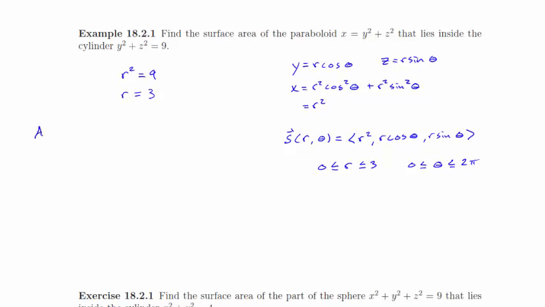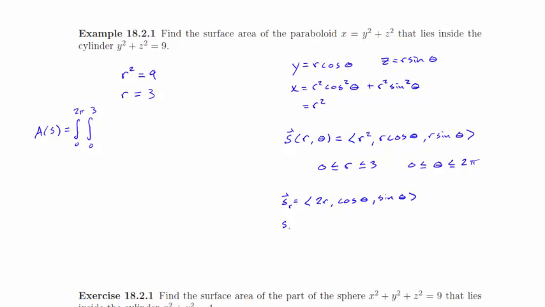So the area of this paraboloid over this domain is going to equal the integral from 0 to 2 pi in the theta direction and the integral from 0 to 3 in the r direction. And so we need to take S sub r, which equals, let's see, 2r, cosine of theta, sine of theta.